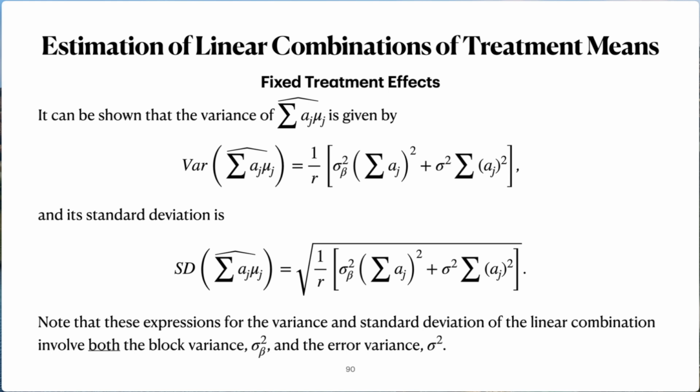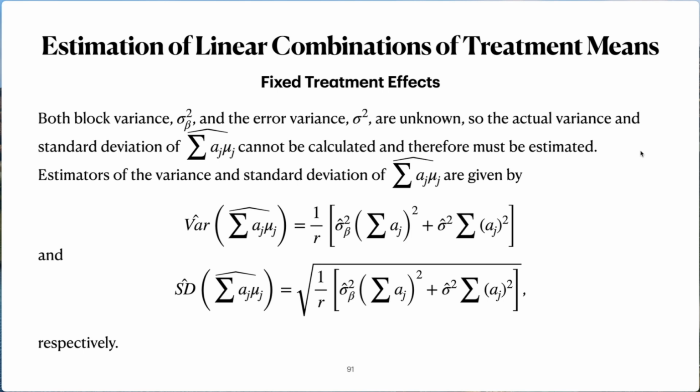But where the sum of those a sub j's is not equal to 0, the variance component of the block term does participate in the variance and the standard deviation for the estimate of our linear combination.